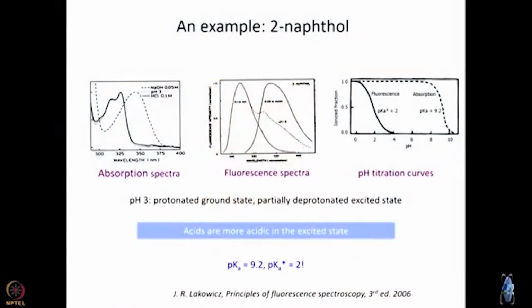Now if I take the same beta naphthol and excite it using pulsed light, what will happen? The moment the pulsed light is incident on the beta naphthol solution, we will get a burst of protons coming out. Now if I want to follow the kinetics of any proton mediated, proton catalyzed, or acid catalyzed process, I can do that.